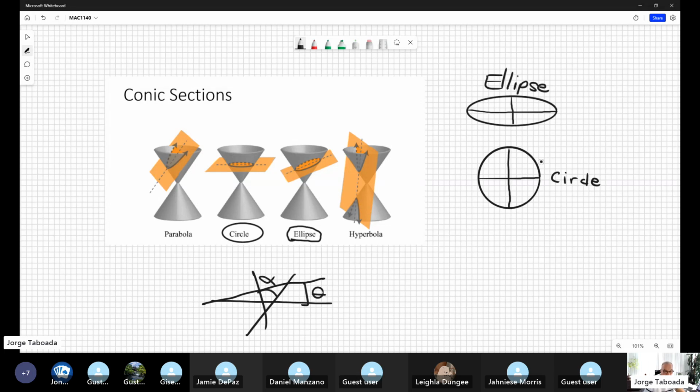However, we have two more conic sections, important. Parabola. The parabola is very well known because in college algebra we have one topic specific for the quadratic function, but now I want to discuss it in detail. Parabola. And the parabola is only one branch.